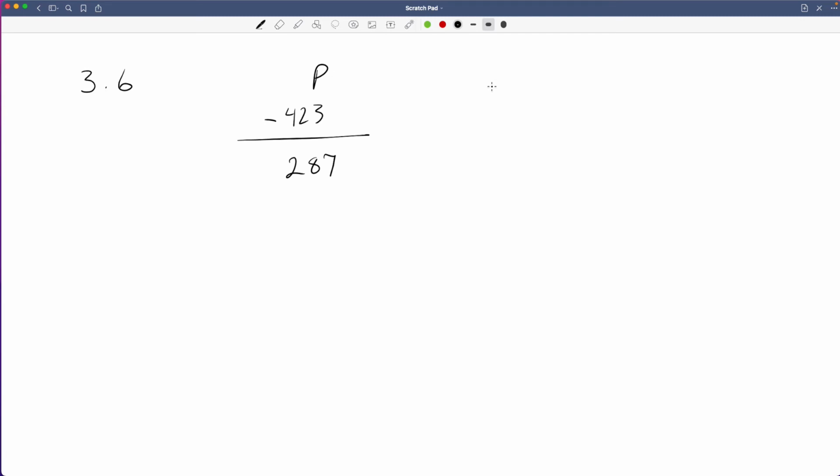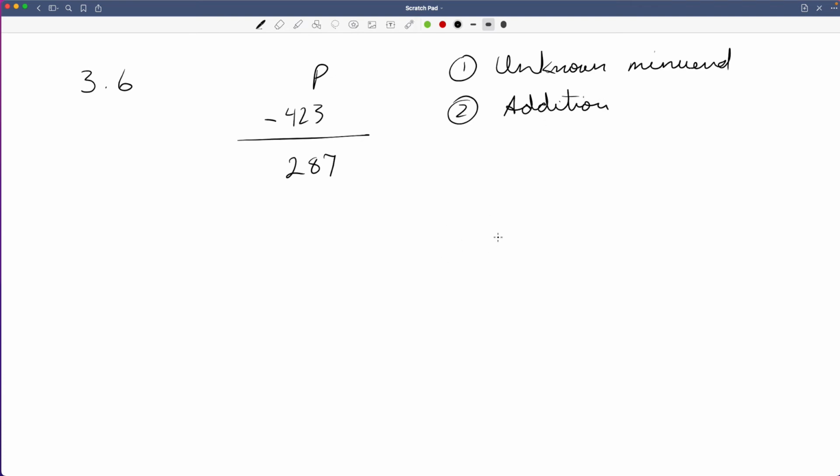So if you don't know the minuend, then we flip the whole thing and add it together. So unknown minuend is when you do this method. So the unknown minuend turns this into an addition problem.